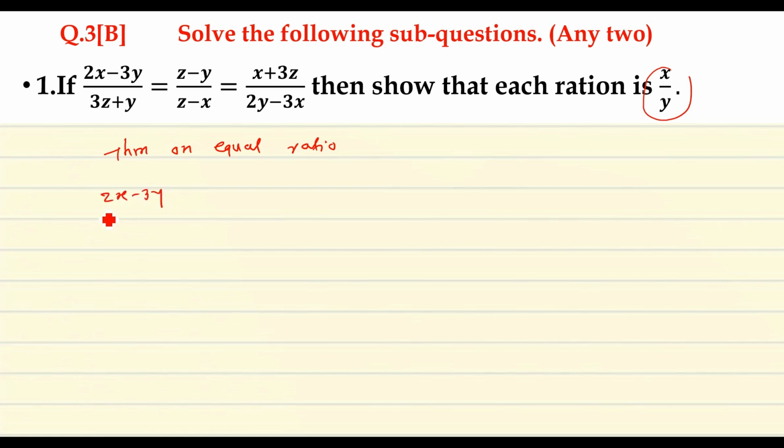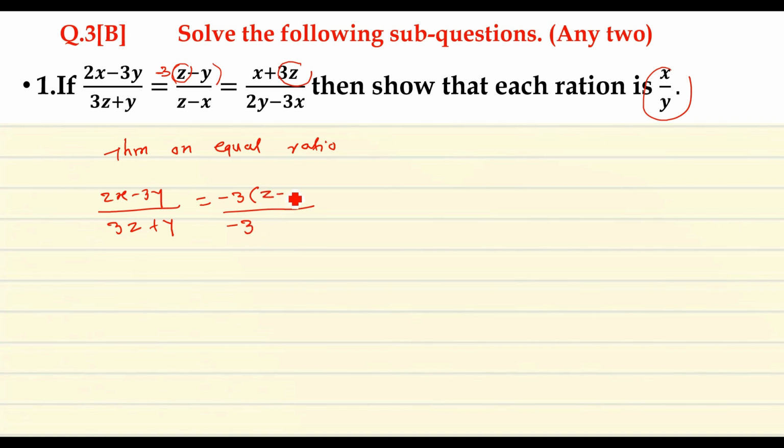2x minus 3y, plus 3z plus y, is equal to z minus y. If you closely observe, here we have 3z, and here we have only z. So if you multiply by minus 3, second term I will multiply by minus 3 and divide by minus 3.